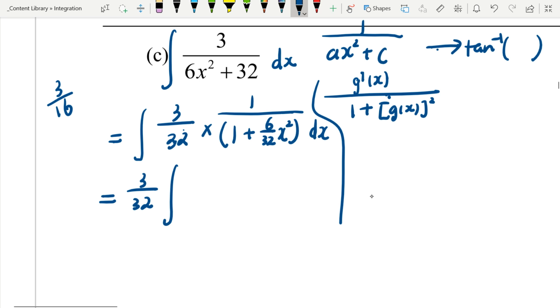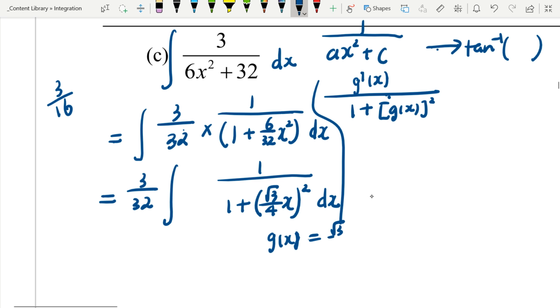So we have 1 over 1 plus, okay, 3 on 64. So that's square root 3 on 4x, and then whole thing squared dx. So it's 1 plus, that's the gx. So gx equals root 3 on 4.